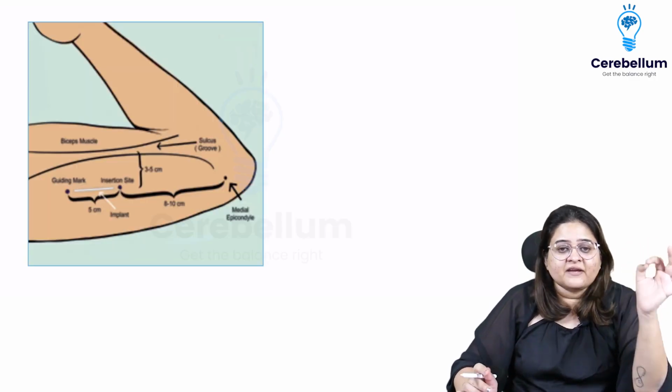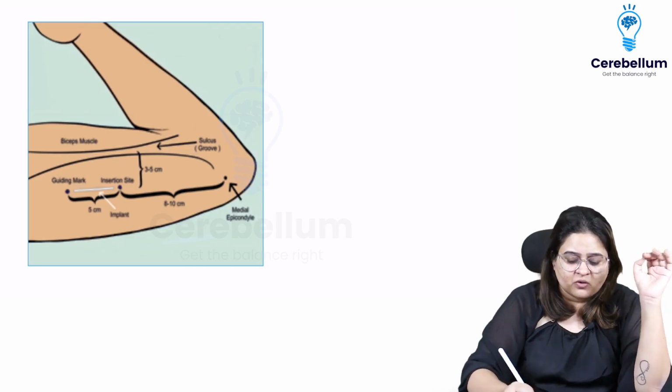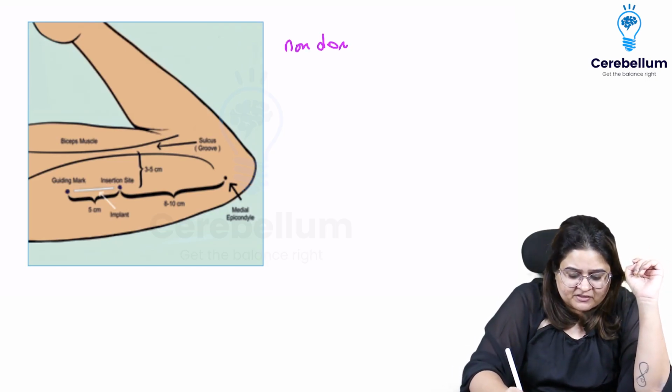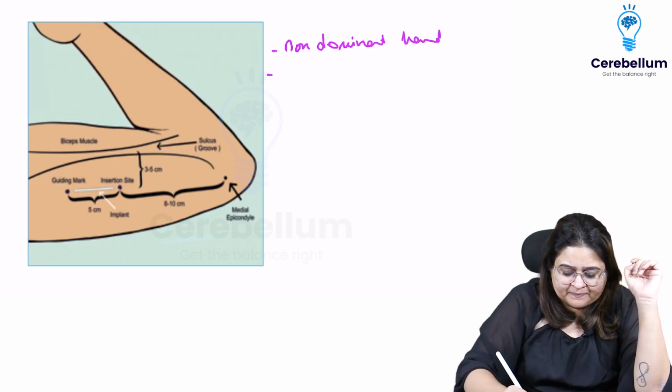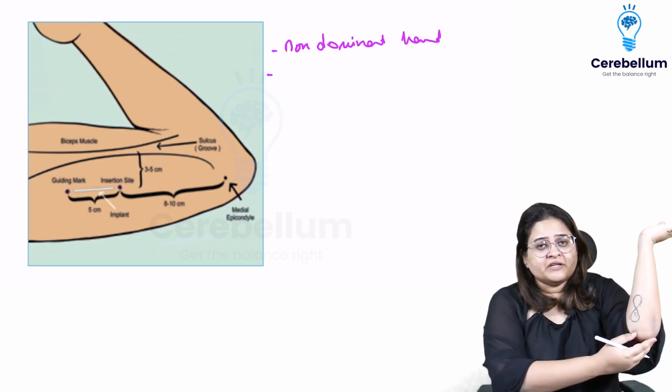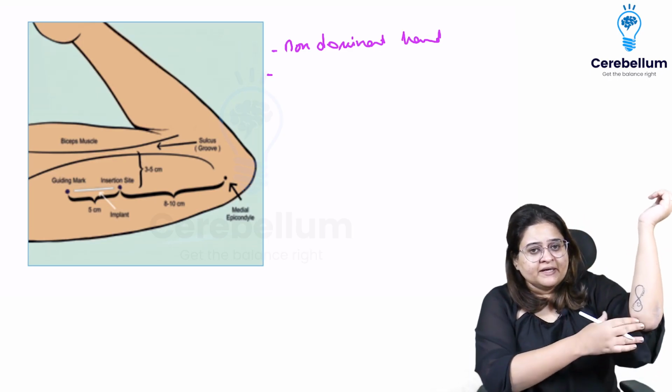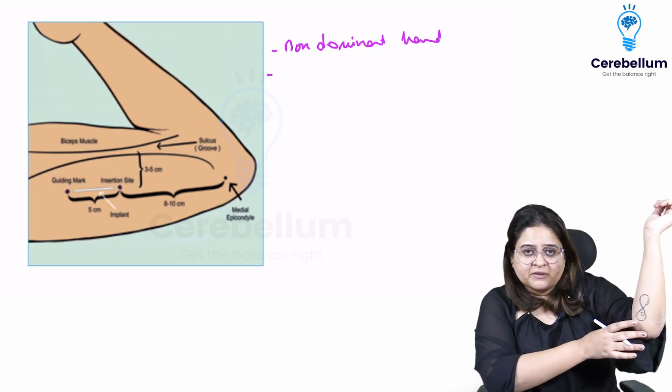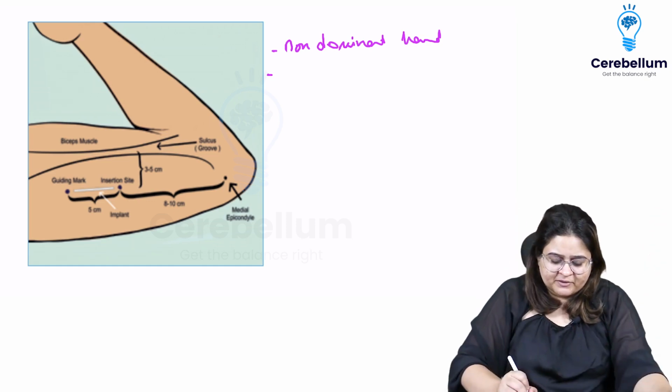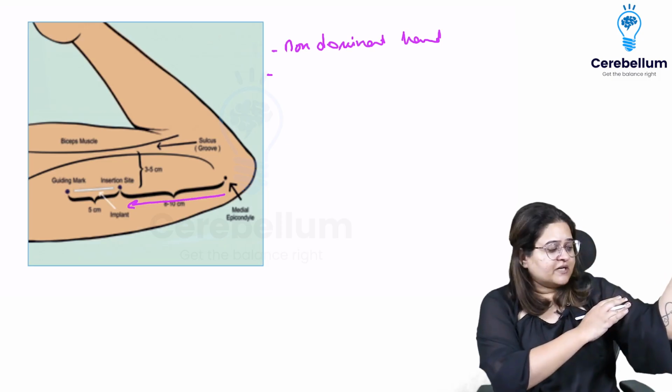Okay, and where is it inserted? It is inserted in the non-dominant hand. That means if she's right-handed, put it in the left hand. What you do is you feel for the medial epicondyle, 8 centimeters upwards of the medial epicondyle. Then you ask her to tighten her muscles.